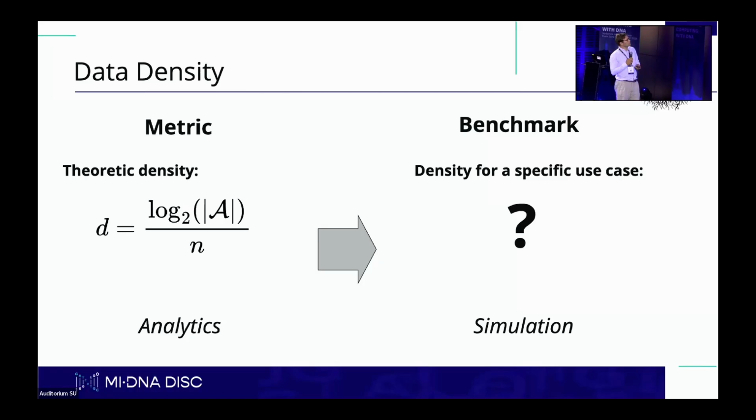So we switched to analyzing our data density by what we call benchmarking. We specify a use case and obtain our density by means of simulation. And I think you can get a much more reasonable view of what the density of your encoding actually is.